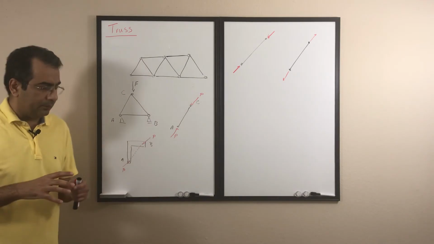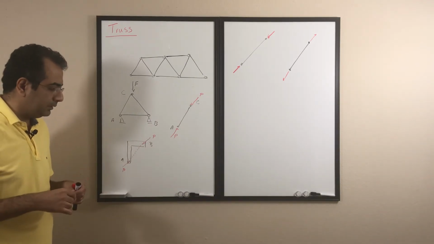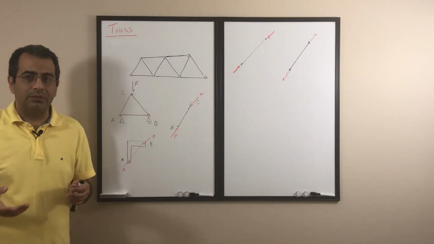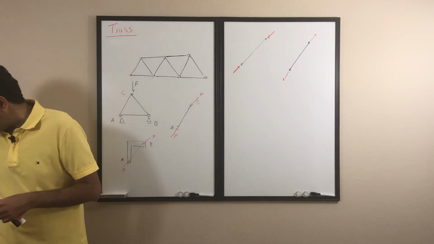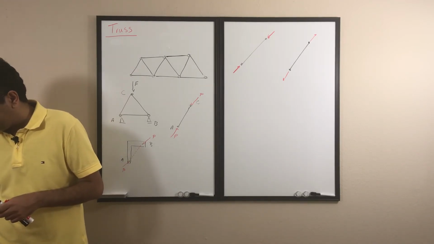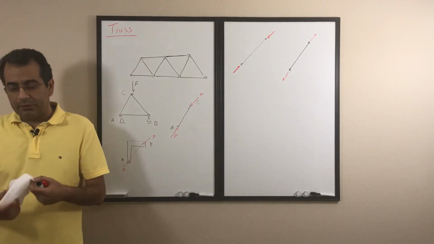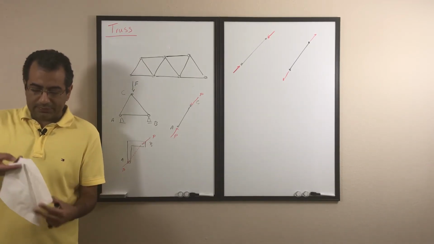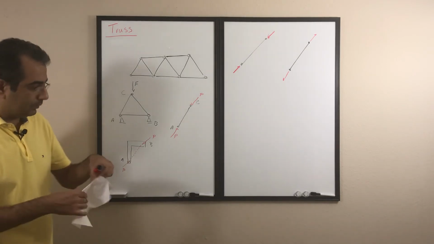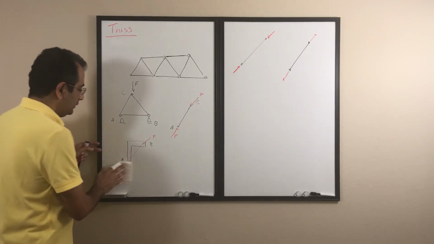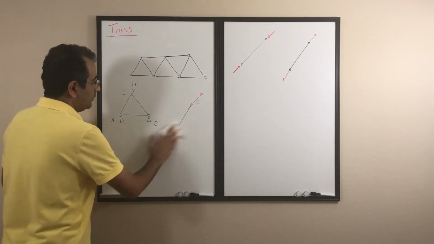Most of the trusses that we are working with in statics are simple trusses, and simple trusses are trusses that are made of a simple triangle, and then elements are added to that simple triangle over and over again. So I'm going to show how we can make a simple truss.